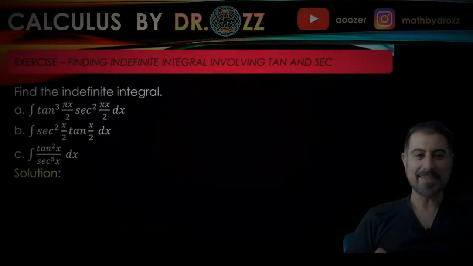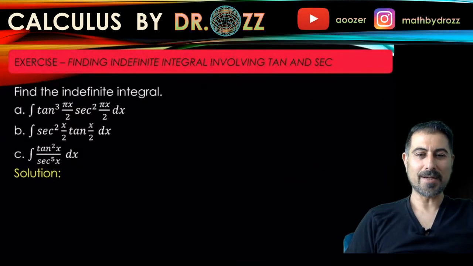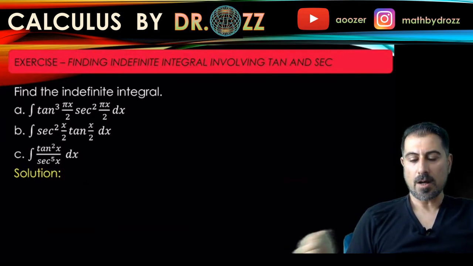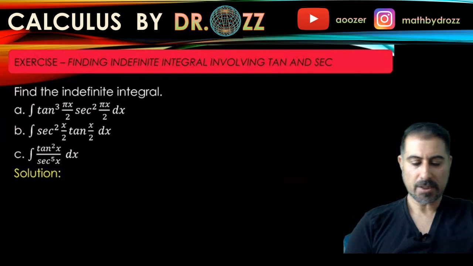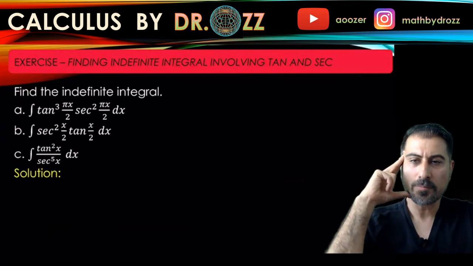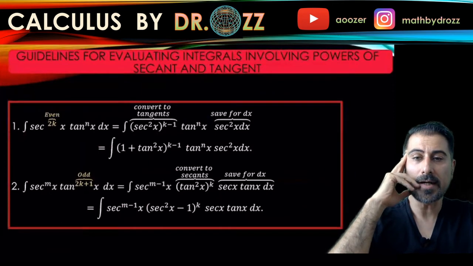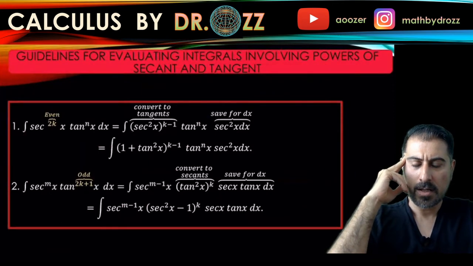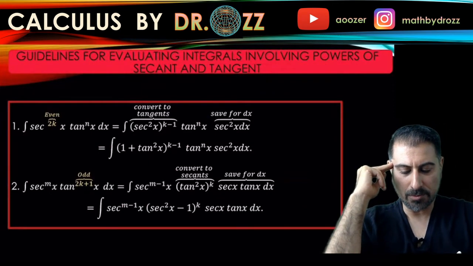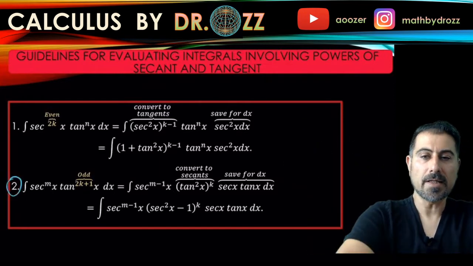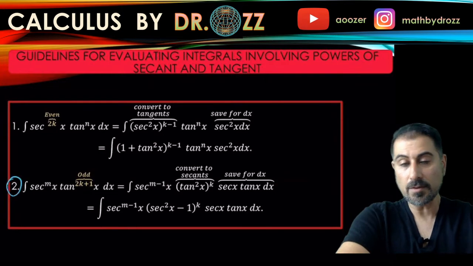All right, let's start with part A. I have tan cubed and I have secant squared. So we can go back to the guidelines and check if there is anything fitting in this form. We have tan cubed, so tan comes with an odd power. That sounds like number 2 is a good fit. But in the meantime, secant comes with even power. Here we go, number 1 also fits.